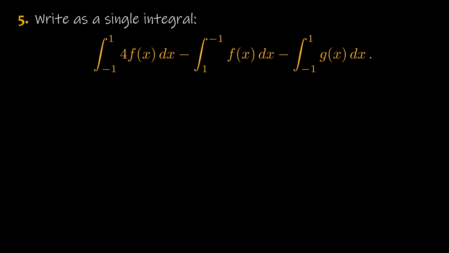Write as a single integral. Solution. Notice the relationship of the limits of integration of each definite integral. Rewrite the second term using the limit reversal property, so that all the terms have identical limits of integration.